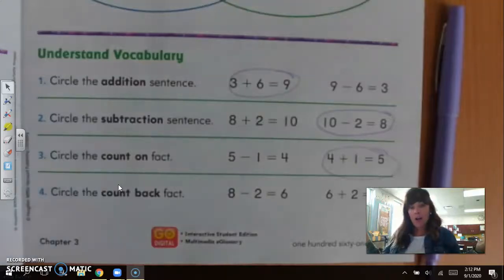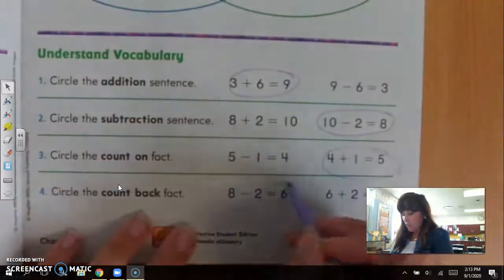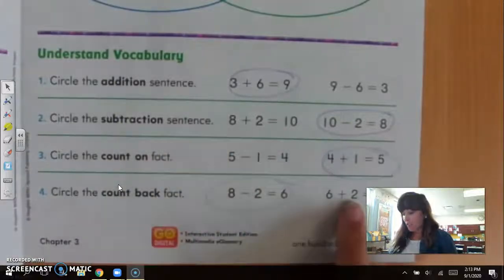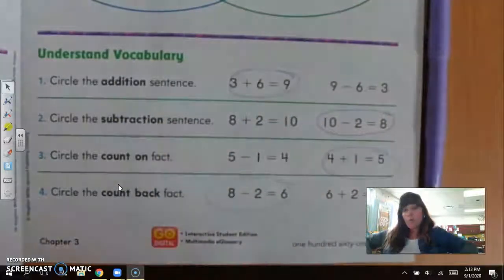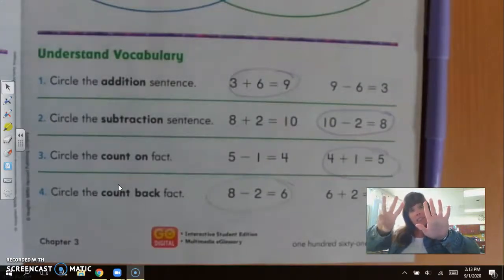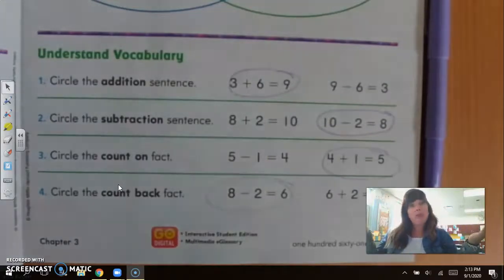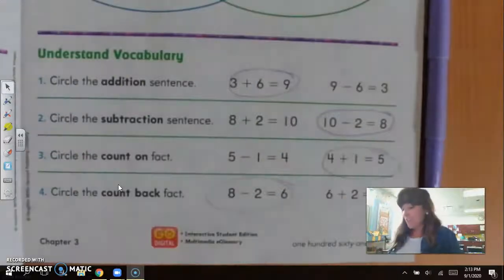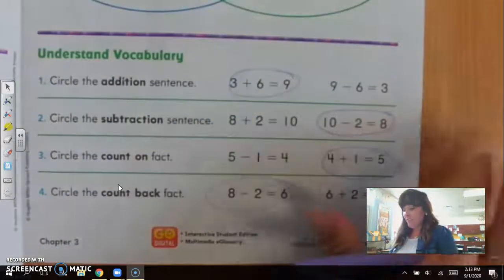Did we count on or count back? We counted back, so that has to be the count back fact. Let's look at the count on fact really quick. We have 6, and we're going to add 2 more. So we're at 6, 7, 8. Did we count on or count back? We counted on. So I think we got that one right.